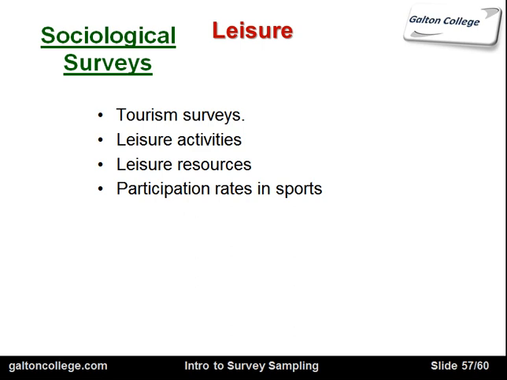Are there enough golf courses, or tennis courts or swimming pools, or whatever? What are the resources? And indeed, what are the participation rates in sports? How many people participate? What proportion of the population actively participates in sports?